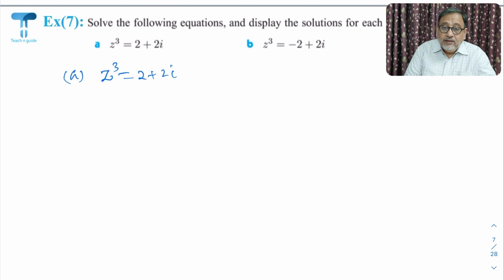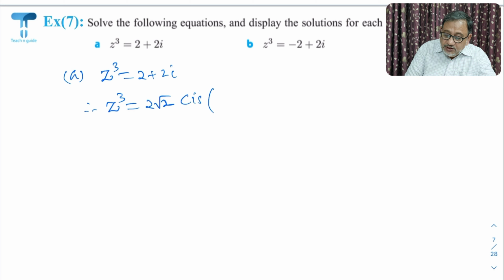So how can you write it? Its modulus is the square root of 8, which will be 2 root 2. So therefore I can write z cube is equal to 2 root 2, and in the polar form, what will be theta for this? π/4, right?